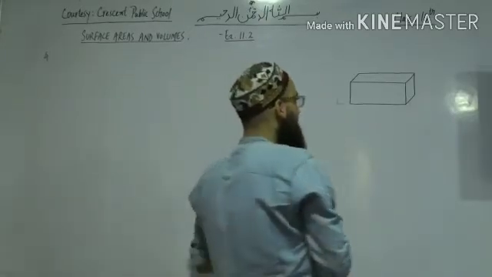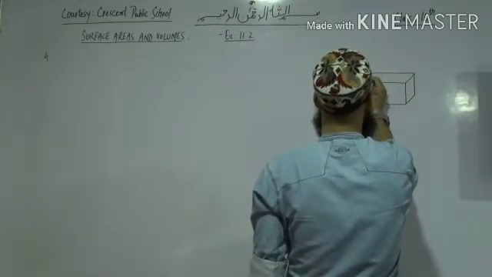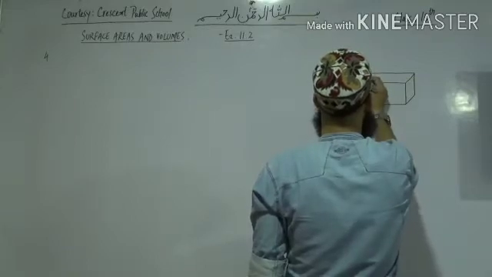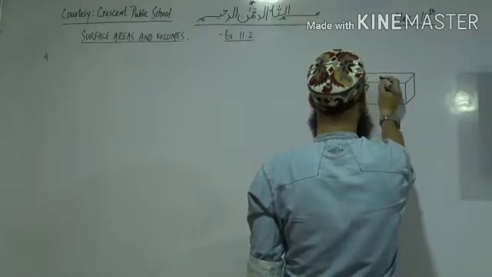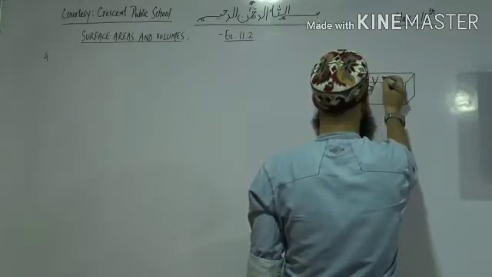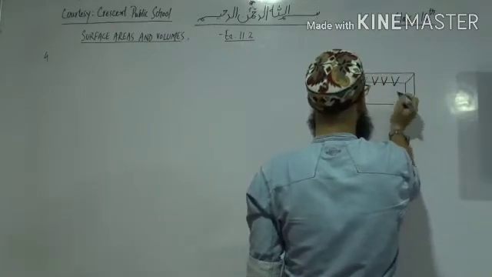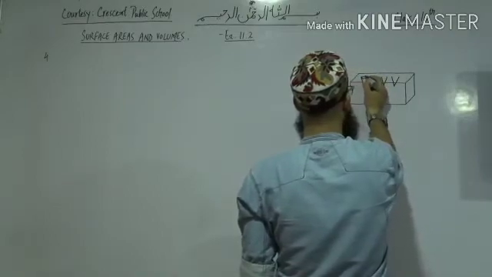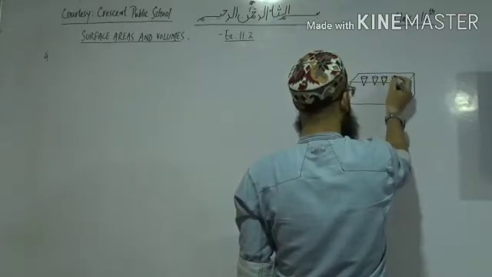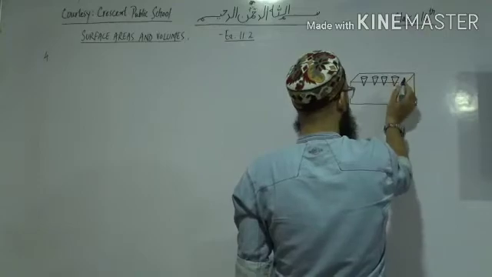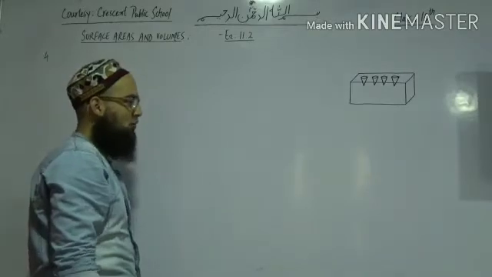So they are like this: one over here, one, two, three and four. These are 4 conical depressions to hold pens.